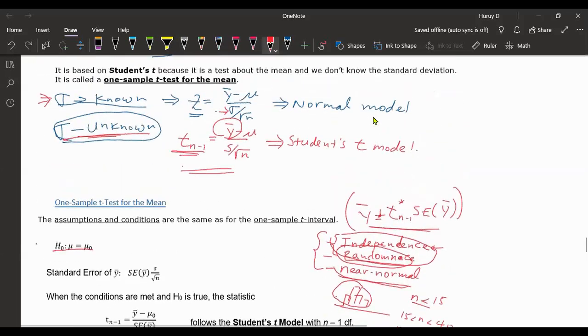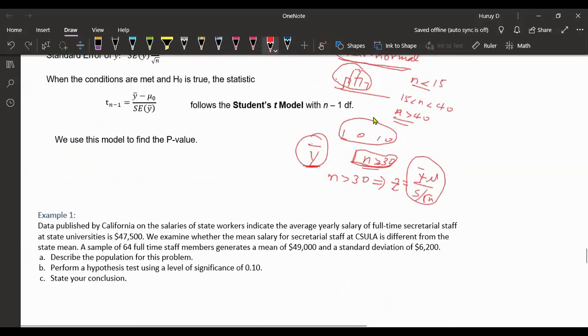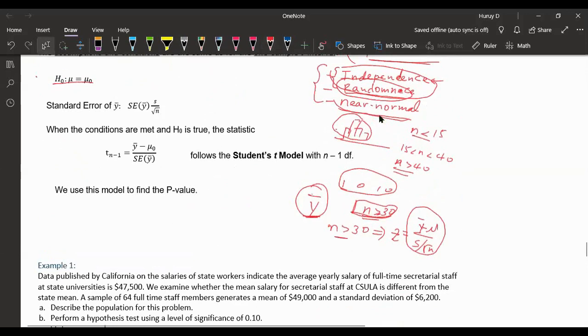It's the same with this one. But as n gets bigger and bigger, this t gets closer to this z. Therefore, when n is greater than 30, they will tell you it's good to use the z table.